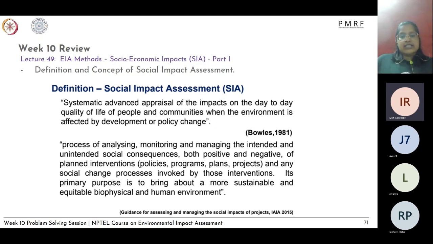And then the guidance for assessing and managing the social impacts of projects, IAIA 2015, defines social impact assessment as the process of analyzing, monitoring, and managing the intended and unintended social consequences, which can be both positive and negative, of planned interventions in terms of policies, programs, plans, projects, and any social change processes invoked by those interventions. Its primary purpose is to bring about a more sustainable and equitable biophysical and human environment.